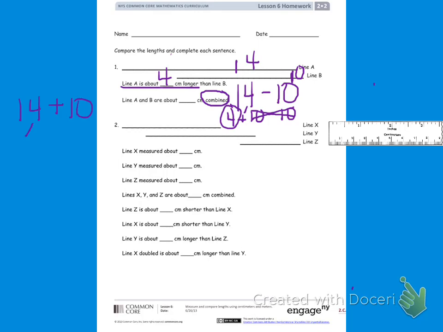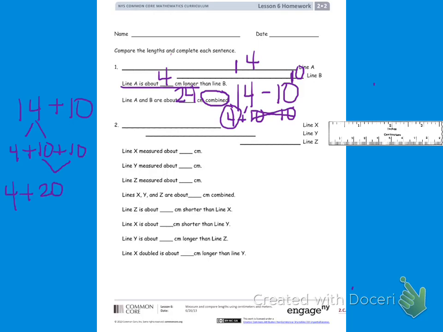And again, I know that 14 is 4 plus 10, and I'm going to add the other 10 from length B. Oh, it looks like we have 2 10s. 2 10s is 20, and 4 more than that is 24. When we combine the lengths of A and B, we end up with 24 centimeters.